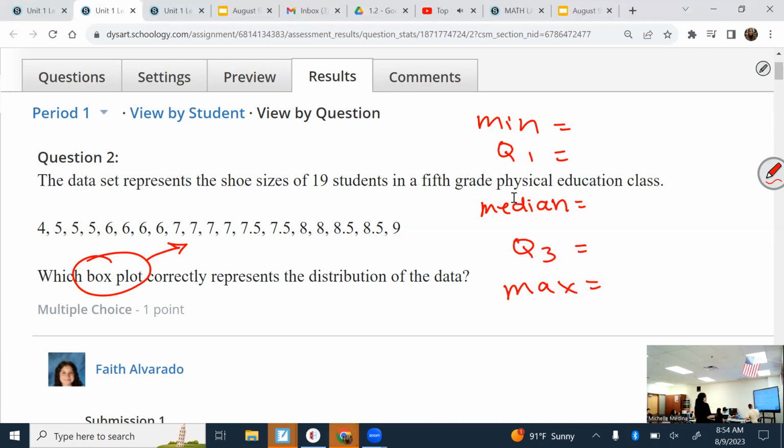So look at your data. Is it in numerical order already? So good. That saves me a step, otherwise I would have to rearrange it. And usually start with finding your median first, because you need that to find at least the Q1 and Q3. So it did tell me that there's 19 data points.